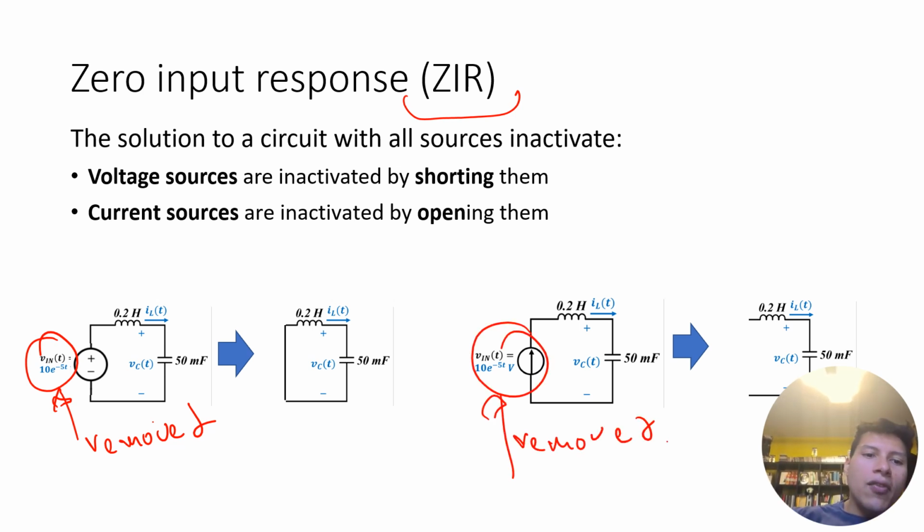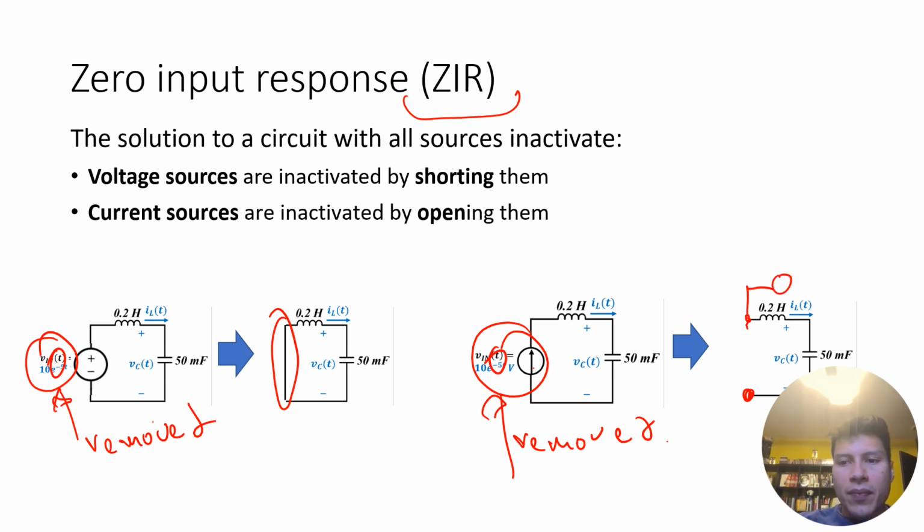In the case of a voltage source, to remove it, you typically assume 0 volts across it. So as a result, it behaves like a short. And in the case of a current source, to remove it, you typically assume 0 amps across it, so it becomes an open.